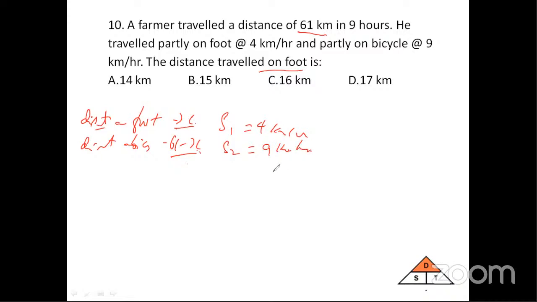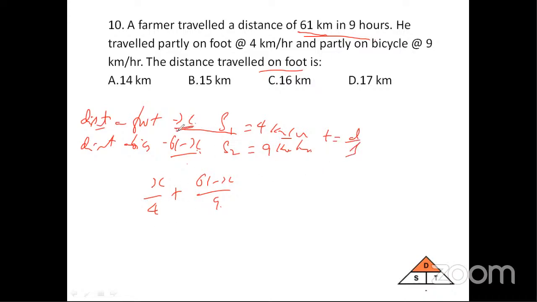It is also given that the total distance is given. So first we will calculate x by 4 plus 61 minus x by 9. This is the time, t is equal to d by s.